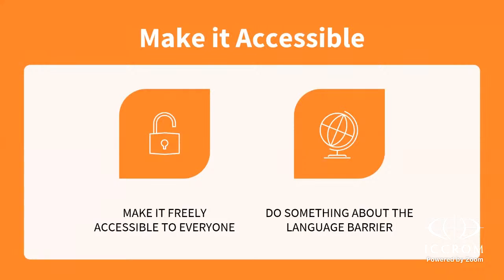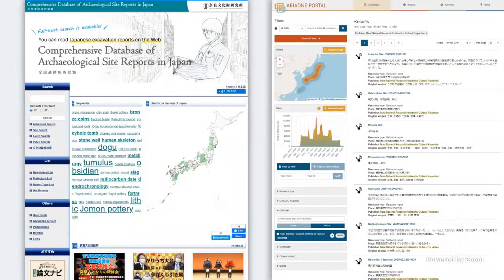Make it accessible. It goes without saying that freely accessible databases will have more users than closed ones. Making data accessible to everyone is not only the right thing to do, but more users also mean more support for your database. Another important matter to think about is how to solve the problem of language barriers. The language barrier is not an easy problem to solve.